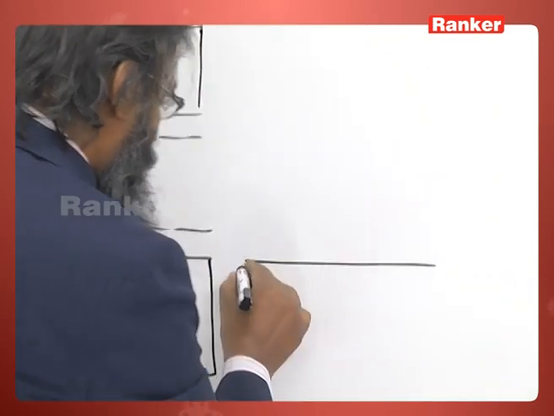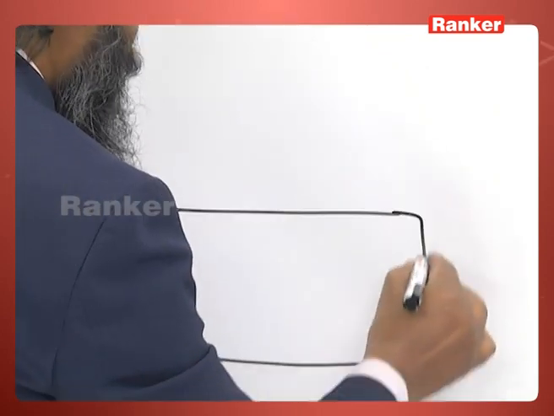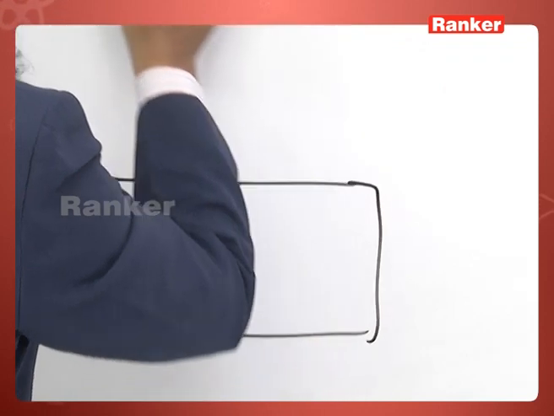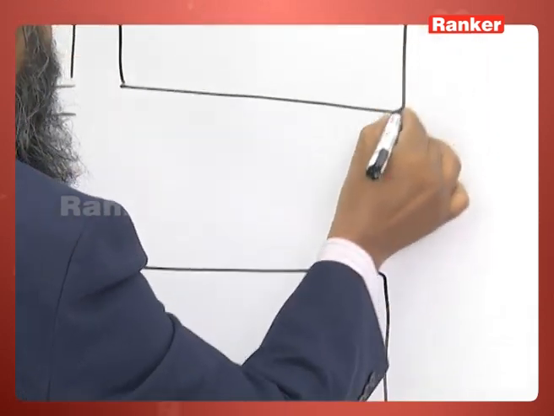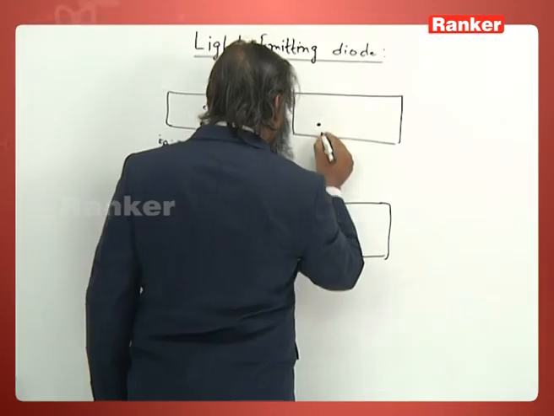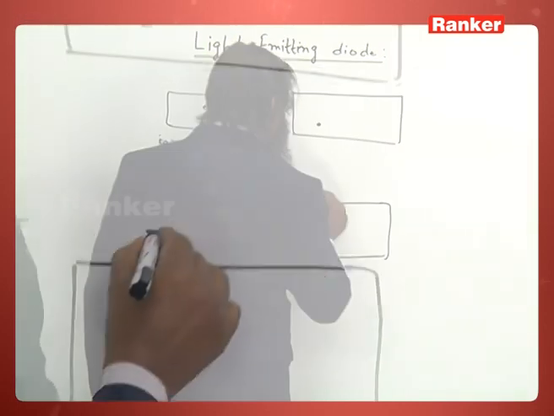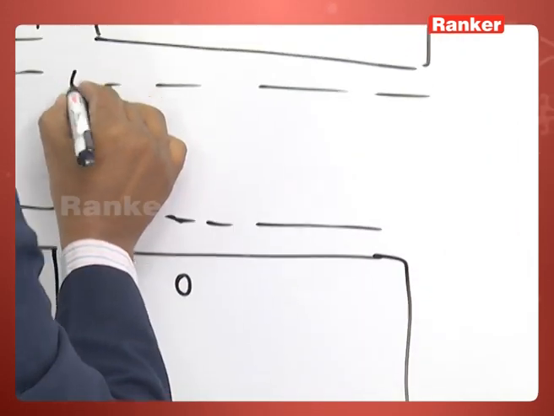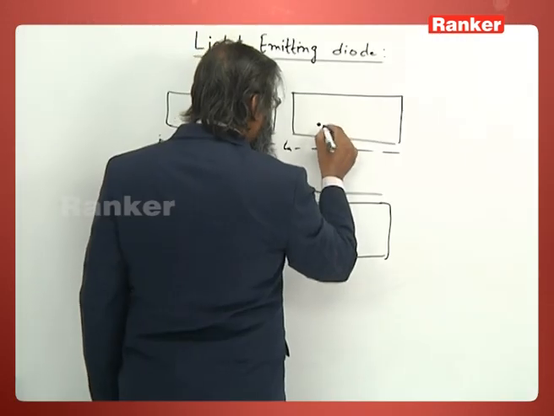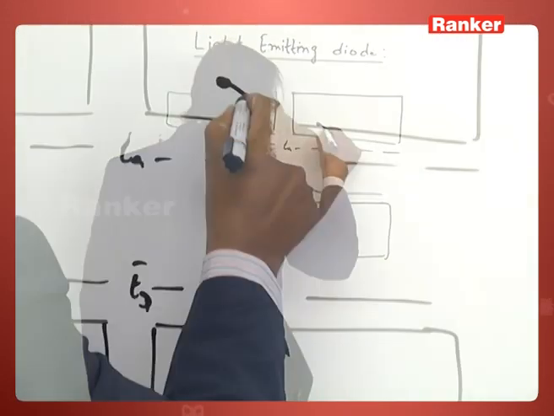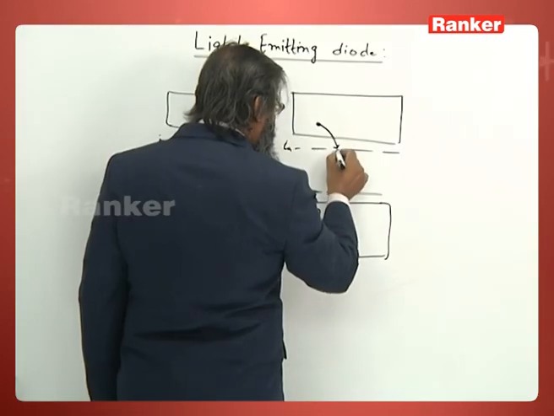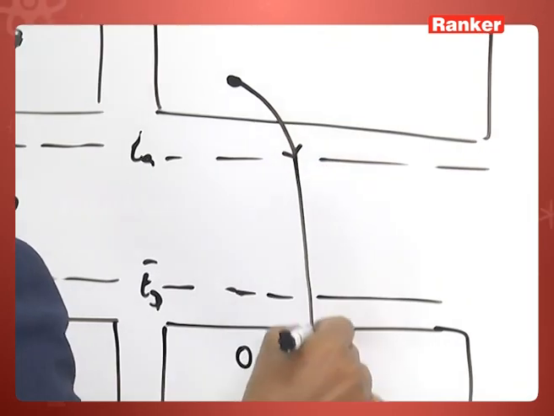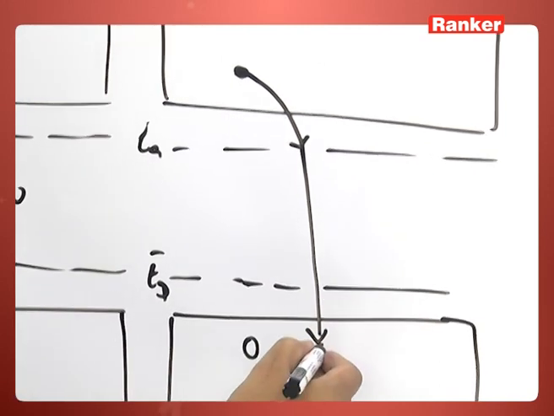There are many possibilities. Suppose there is an electron here, and this is a hole, this is the donor level, and this is the acceptor level, E acceptor. This electron may come to this state, and then to this state, meaning it may combine with a hole.